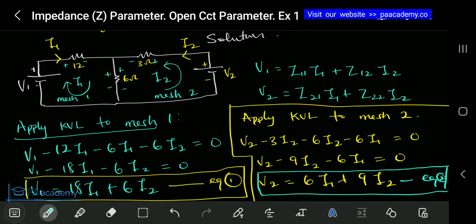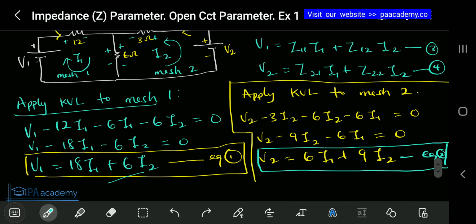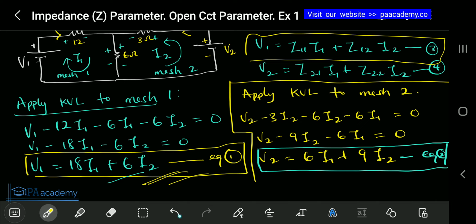Okay, so now if you look at what we have, our equation 1, let me call this equation 3, and let me call this equation 4. Remember, this is the Z parameter equation, so it's not something new. So if you compare what we are having in equation 1 with what we are having here, you see that there's similarities there.